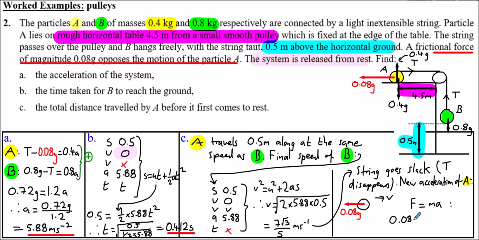That's going to equal the new acceleration of A, multiplied by the mass of A. Mass of A is 0.4. So therefore, A new, if you like, so we don't confuse it with the initial acceleration of 5.88, is going to be 0.08 g divided by 0.4.